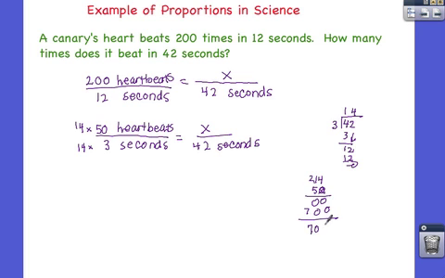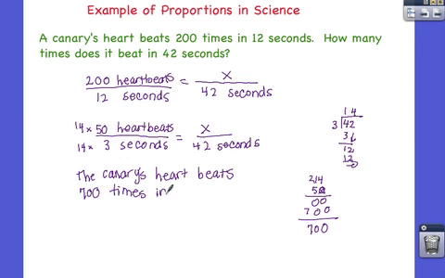And we get 700. So the canary's heart beats 700 times in 42 seconds.